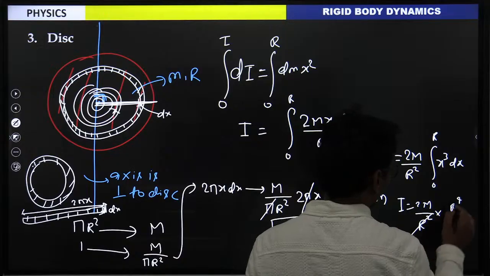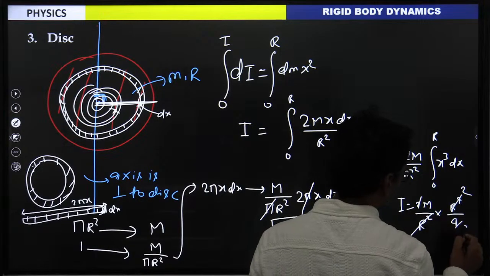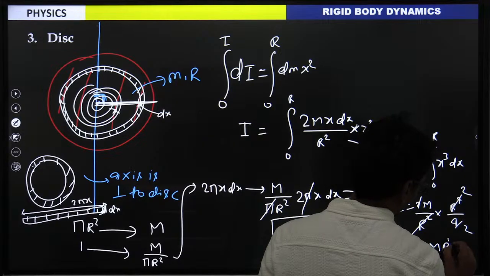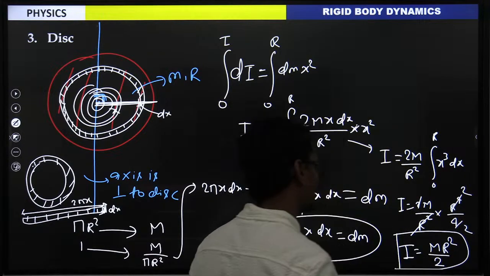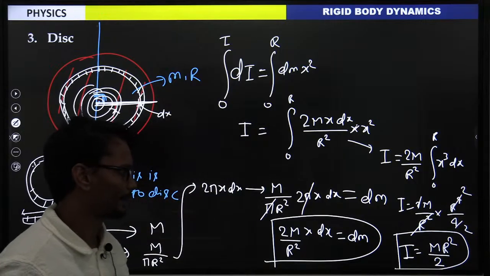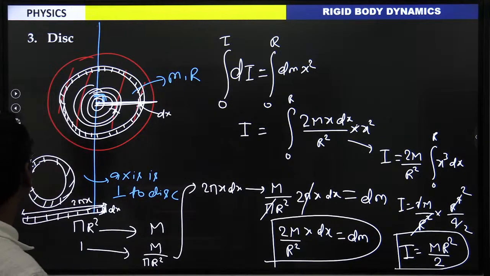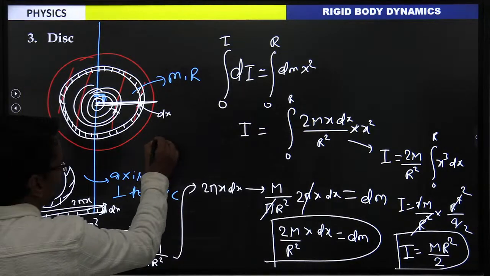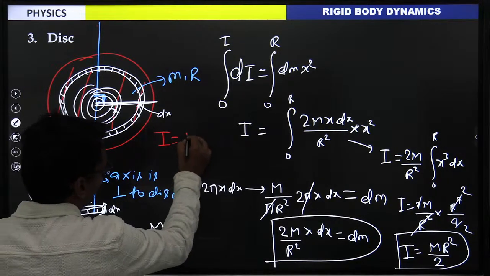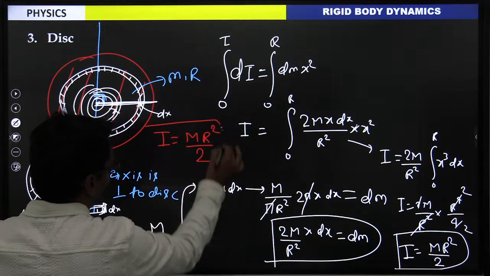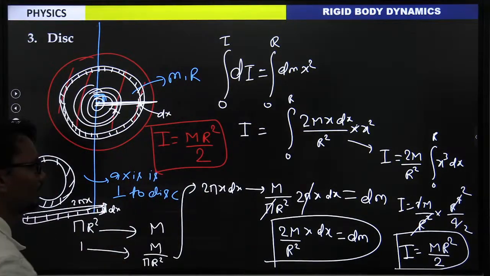So cancel r square, and 2 with 2, and this becomes I is equal to mr square upon 2. This is your final result, I is equal to mr square by 2. So you can just remember this result, I is equal to mr square by 2, and this is the moment of inertia of the disc.